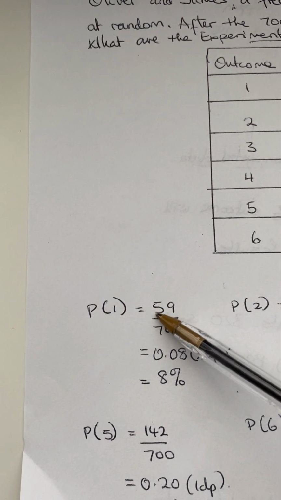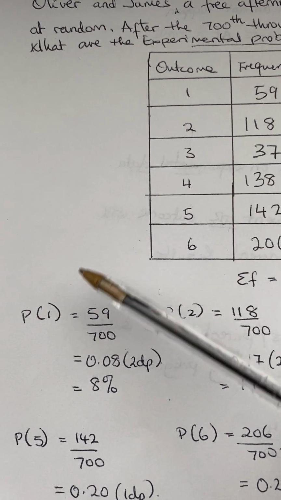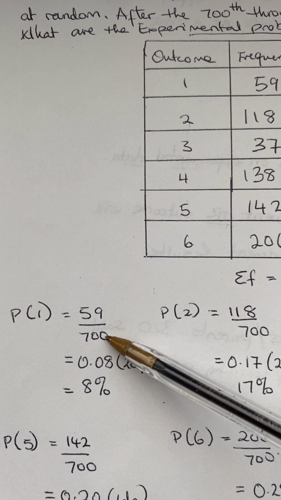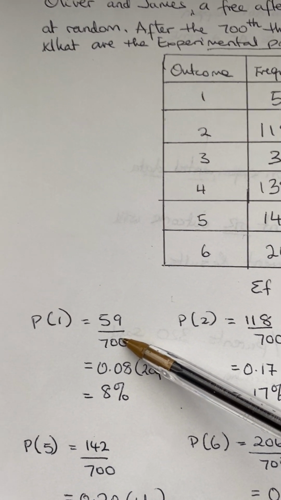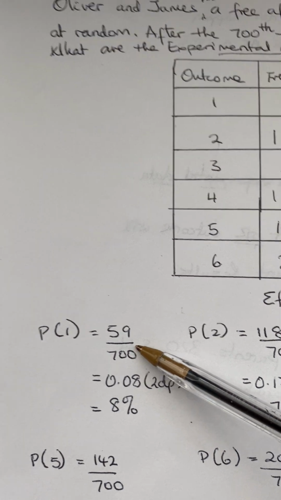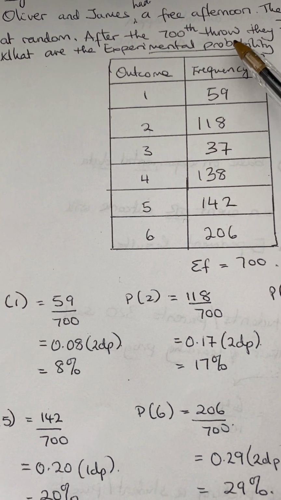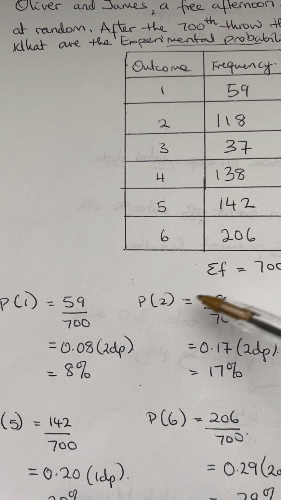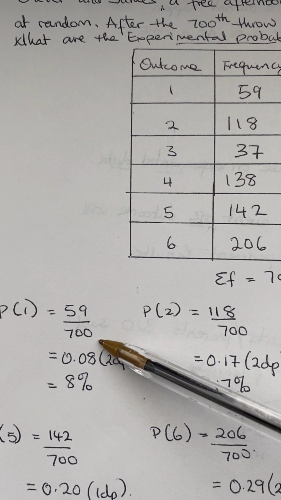Now, the probability that the throw resulted in a 1 outcome is 59 out of 700. Okay, so you see the difference now. If you throw a die once, the probability of getting a 1 is 1 out of 6. But here, they've done it 700 times, and it's their experiment, and they've got 59 out of 700.